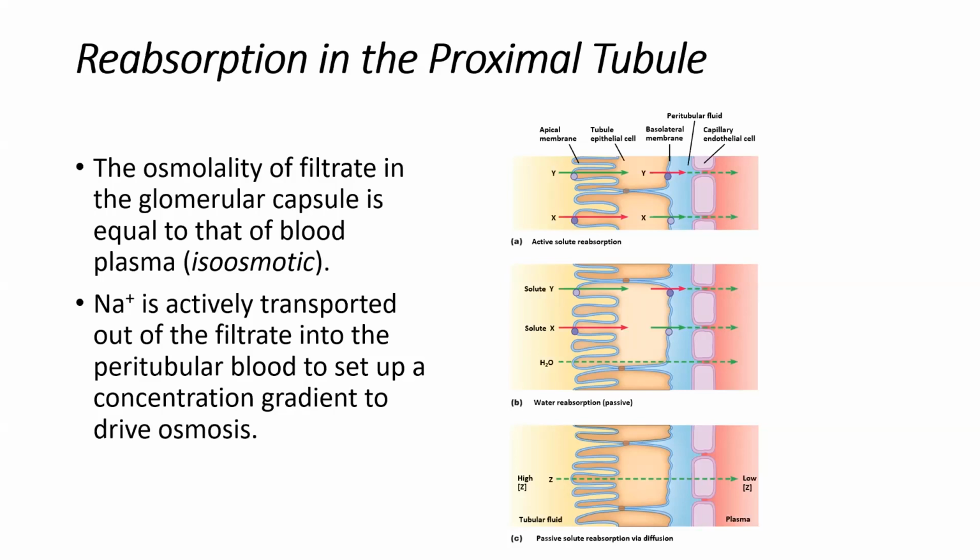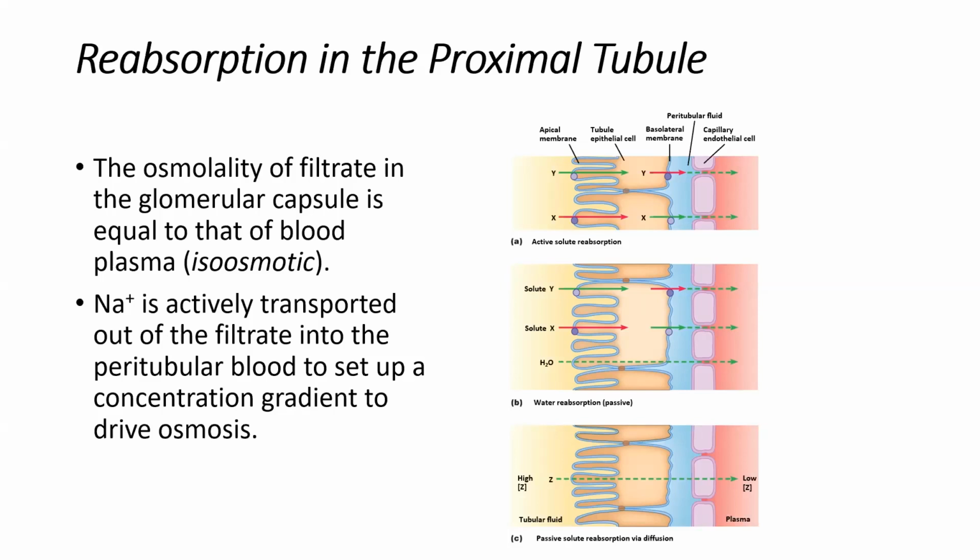So in order to get solutes to move from the lumen back into the blood on this side, we have to create a gradient, where there's some change in the solute concentration, so that water can move down that water gradient, from a place of high concentration to a place of low concentration.